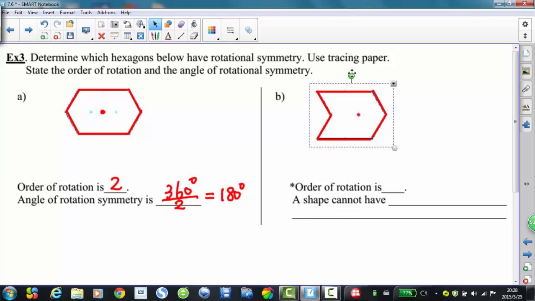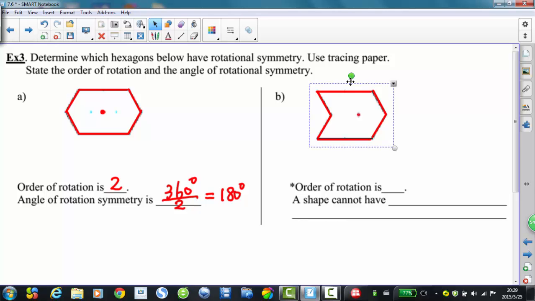So right now, let's look at this concave hexagon. I will rotate this one 90 degrees. It does not coincide with itself. Another 90, 180 in total. This red one still does not coincide with itself. 270 does not coincide with itself. 360, it coincides with itself.